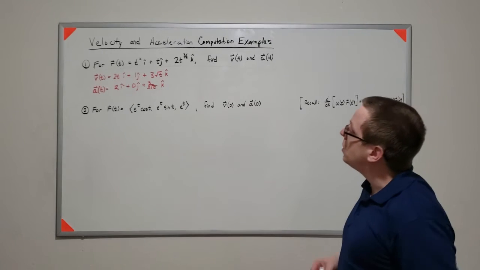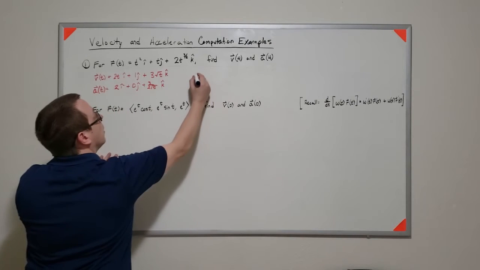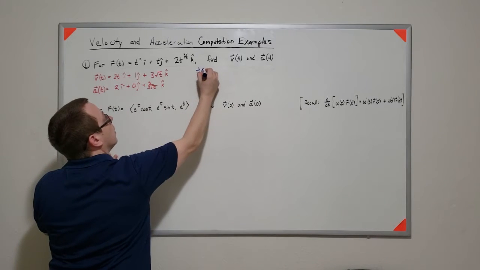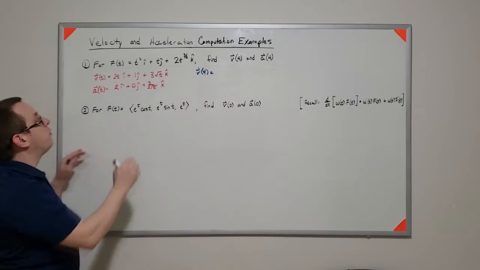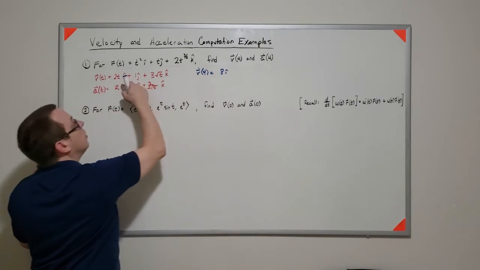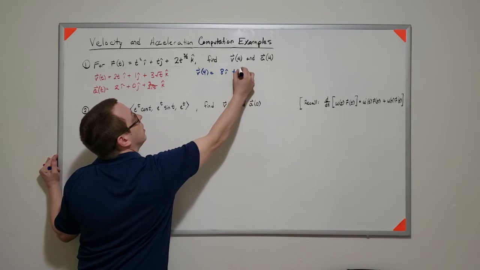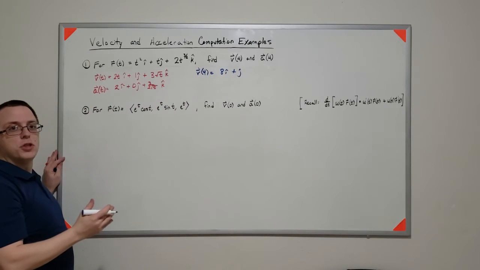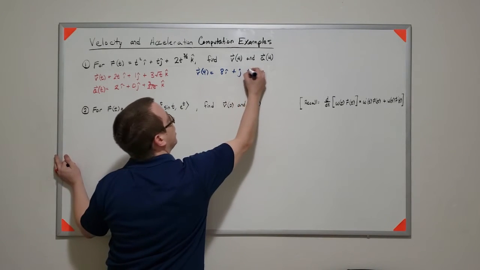So then to compute, I say v of 4 is 8i plus j, and the square root of 4 is 2, so we get 6k.